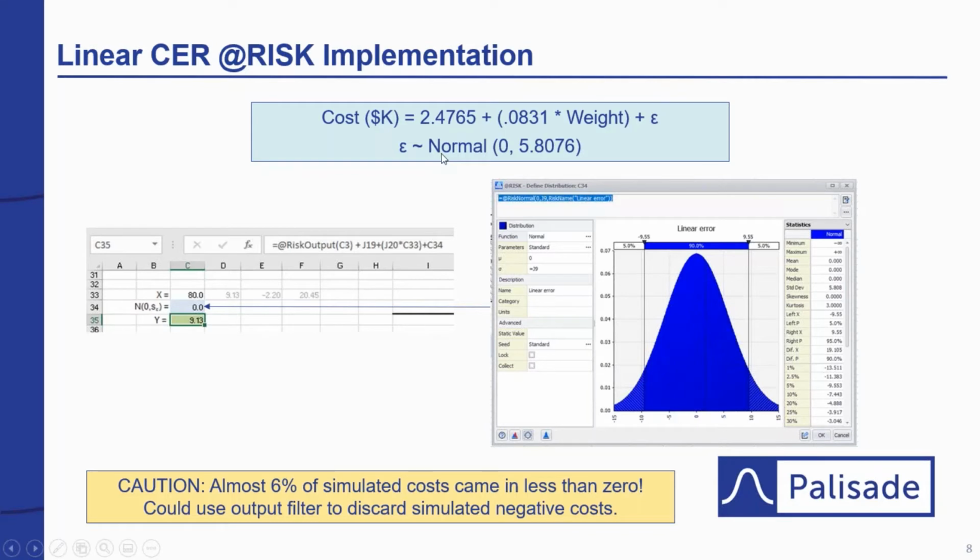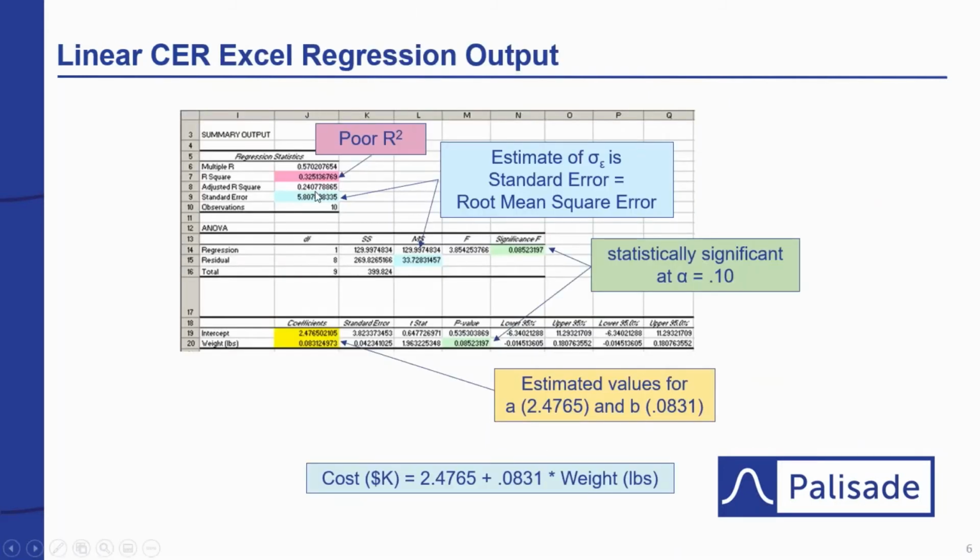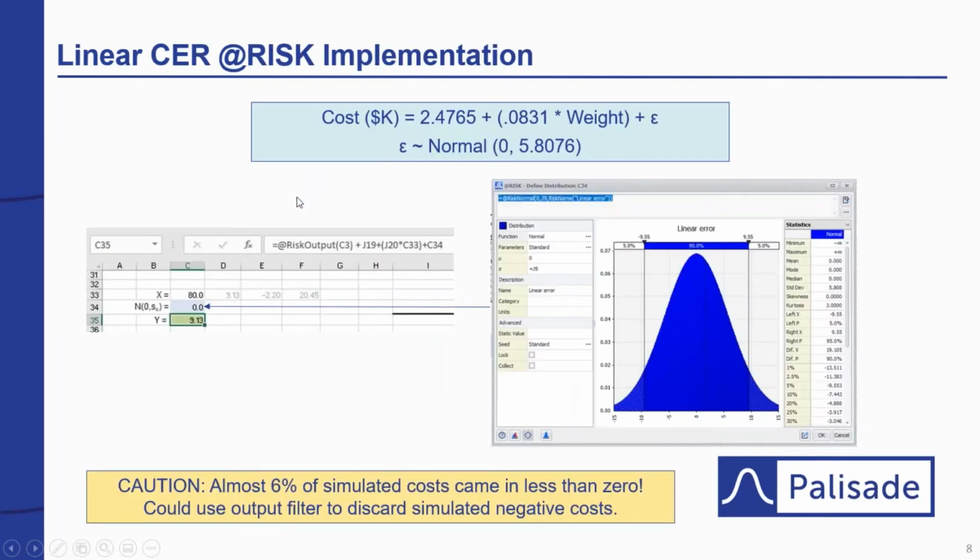The error term is normally distributed with a mean of 0, and that value right there, just as a reminder, is coming from the output back here as that standard error, or the square root of the mean squared residual. So the root mean squared error, the standard error, is my estimate for the standard deviation of a normally distributed error term with a mean of 0. And it's important to note, because it'll be different shortly, that with this linear model, it's an additive normal error term.